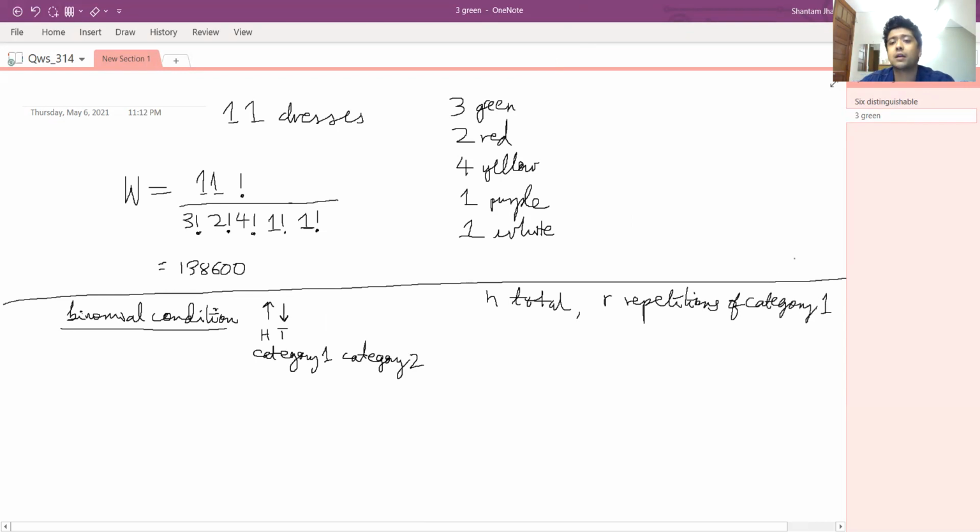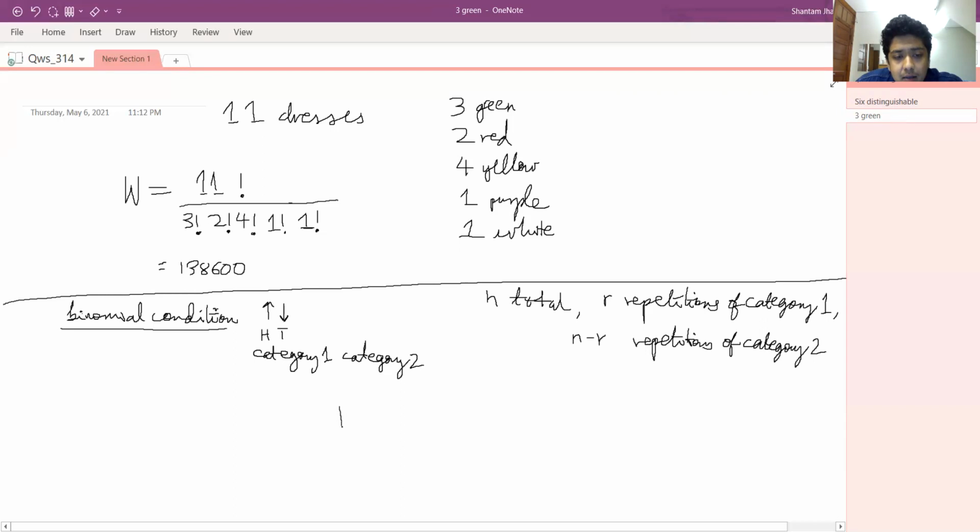In other words, I'm saying this many electrons are spin up, or this many coins turned out to be heads, are repetitions of category 1. But what does that mean? If r out of n turned out to be heads, that means the rest of them were tails. So I also have n minus r repetitions of category 2.